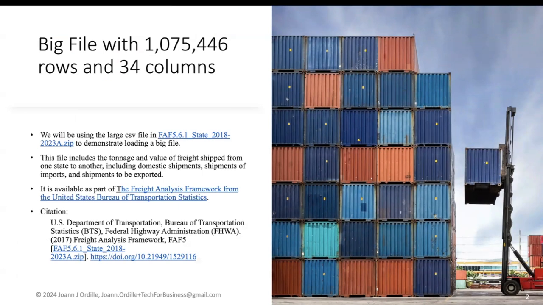This file records the tonnage and value of freight shipped from one state in the United States to another, including domestic shipments, shipments of imports, and shipments to be exported. It comes from the Freight Analysis Framework provided by the United States Bureau of Transportation Statistics in the spirit of good provenance for all of our data. Here's the citation for this data.